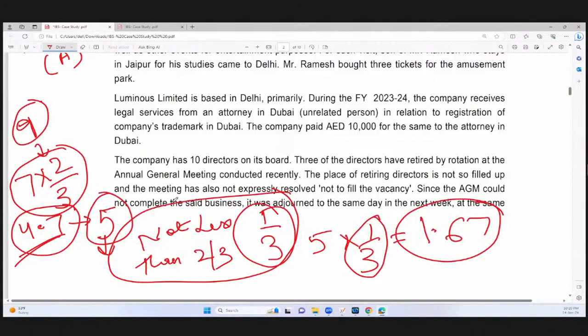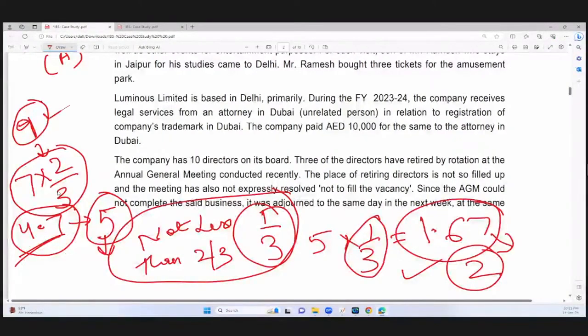Nearest to 1/3 means आपने अपने मैथ्स में you have read that nearest का concept. If it is 0.5 or more than that, then we will increase the number. If it is below 0.5, then we will reduce the number. Here the number is 1.67. It is more than 0.5. So what will you do? We will increase the number of directors liable to retire to 2.